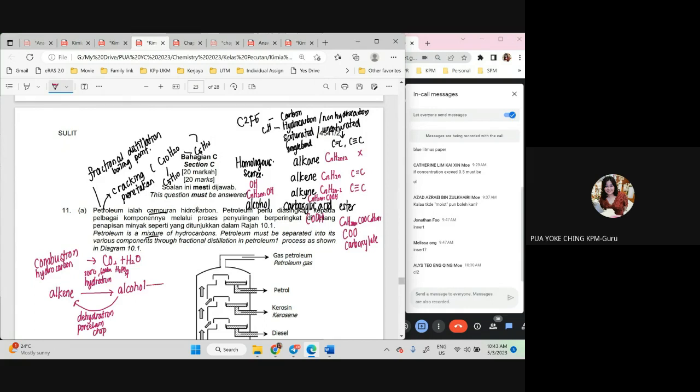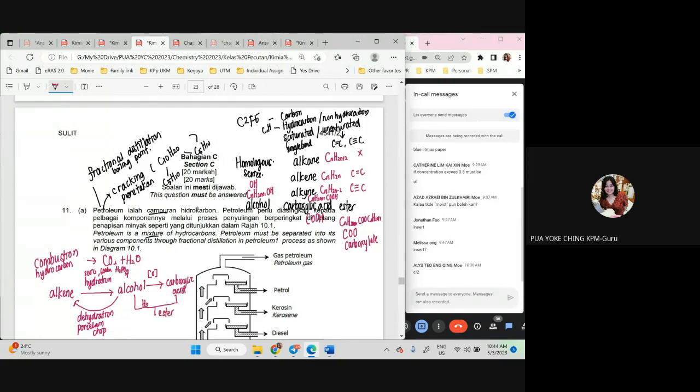And then alcohol boleh jadi carboxylic acid. This one you add oxidizing agent, which is your acidified potassium manganate 7 and acidified potassium dichromate 6. Okay, so this one we call it oxidation. Alcohol dan carboxylic acid bertambah is your ester. Tindak balasnya ialah esterification.